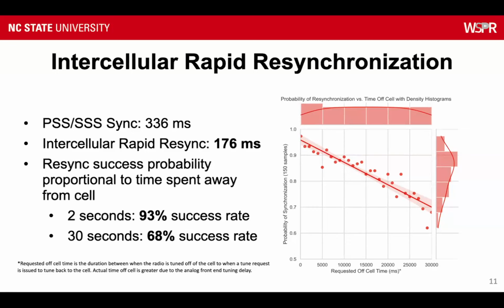What we found is that synchronization probability does decrease as the amount of time you spend off the cell increases. However, at 2 seconds, we still had a 93% success rate where we didn't have to fall back to PSS and SSS-based synchronization. And even at 30 seconds out, we had a 68% success rate.